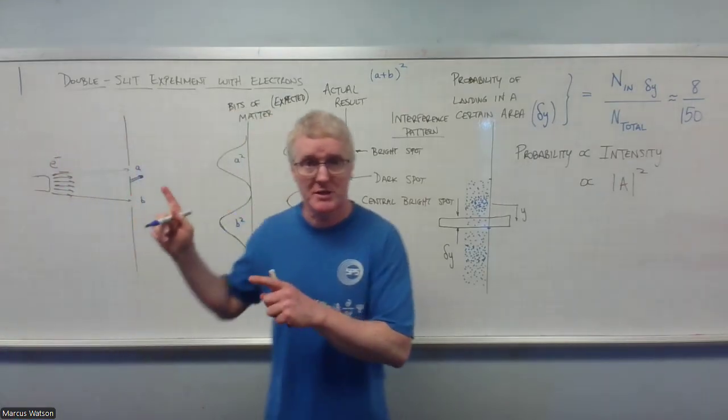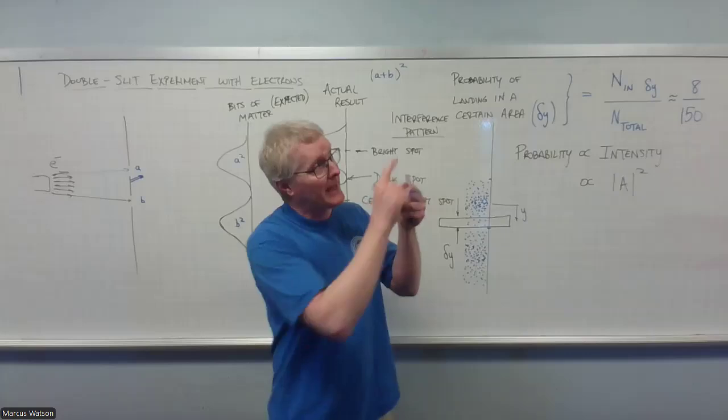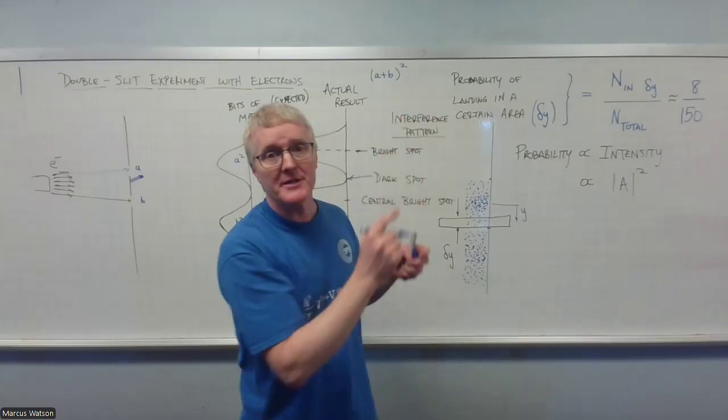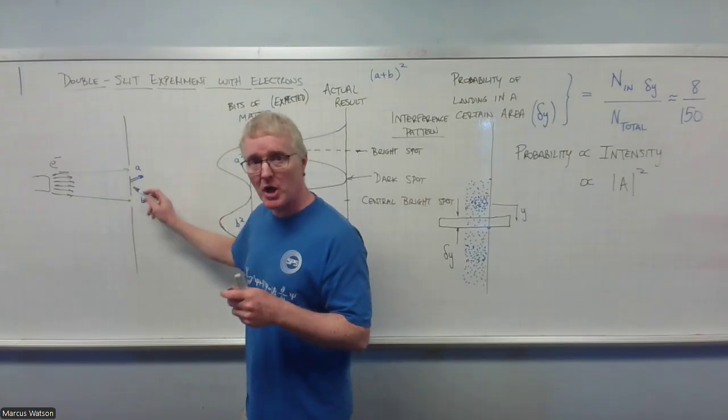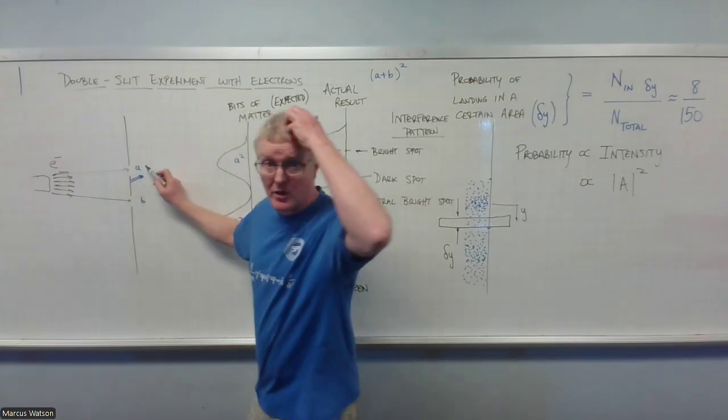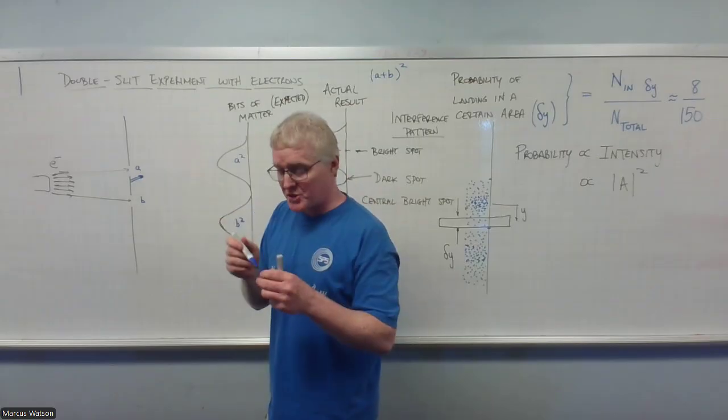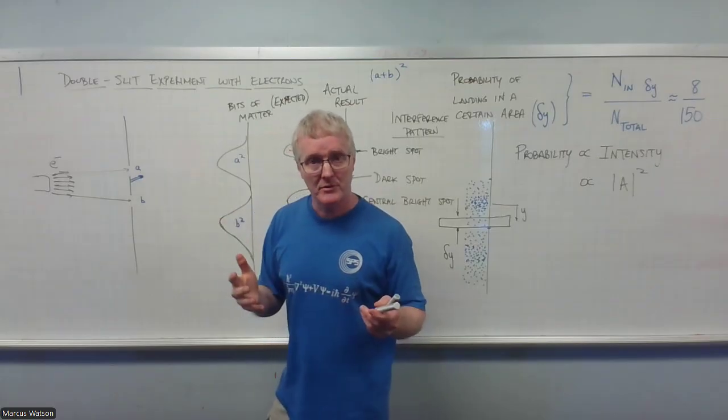It's already chosen to go through slit A. I pop the light on, see if it's there. If it's there, I'll see it. Okay? So that means it's already made a choice about where it's going to go, and if it's up here, I'll get a reflection.